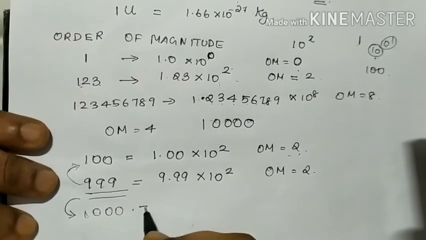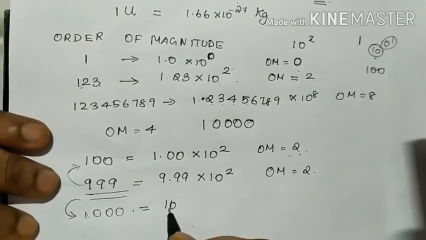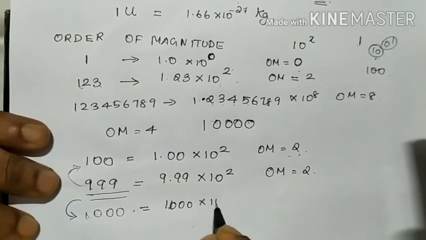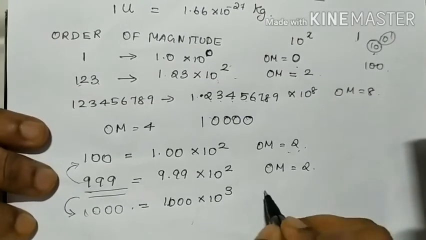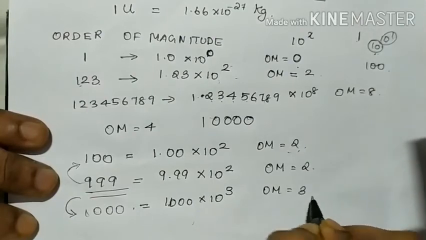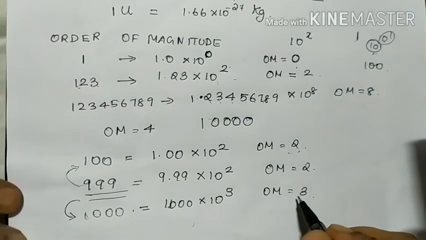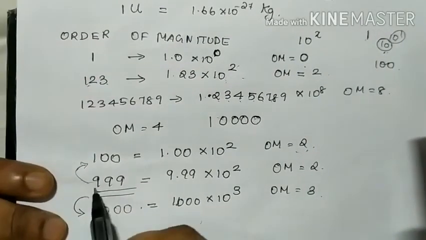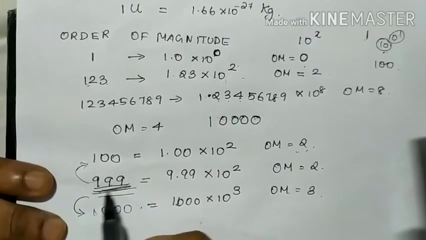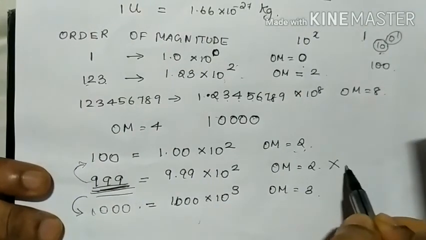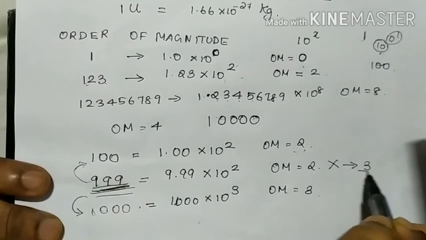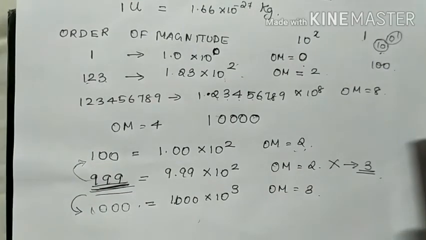And what is the order of magnitude of 1000? 1000 is 1 into 10 to the power 3, right? So the order of magnitude is 3. So that means the order of magnitude of 999, in place of 2, it is 3. I hope you understood.